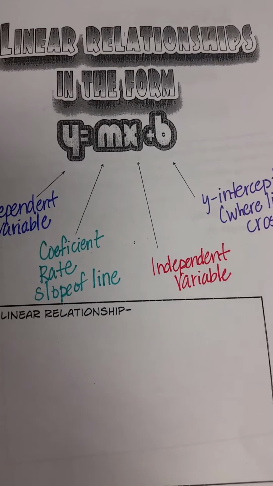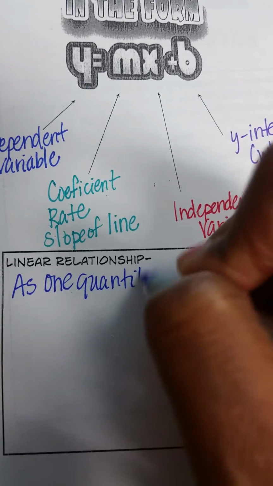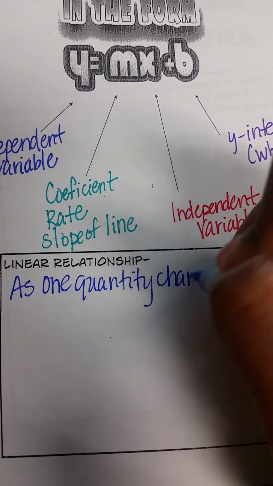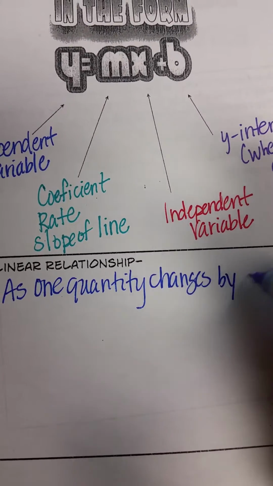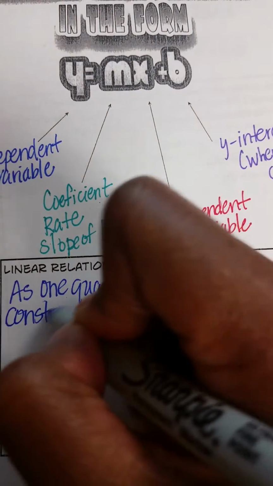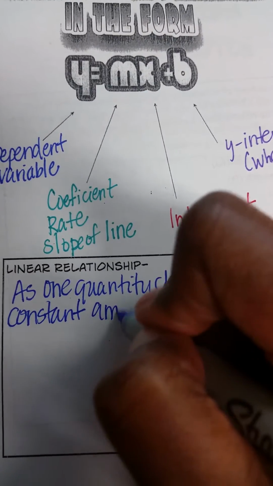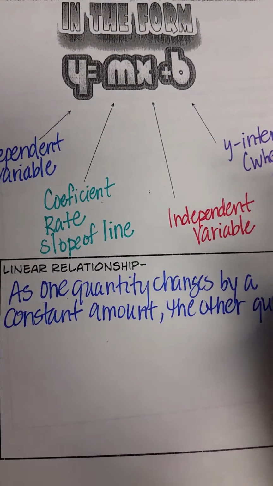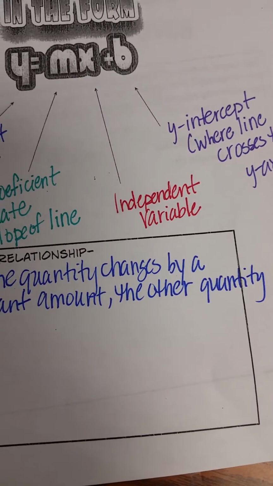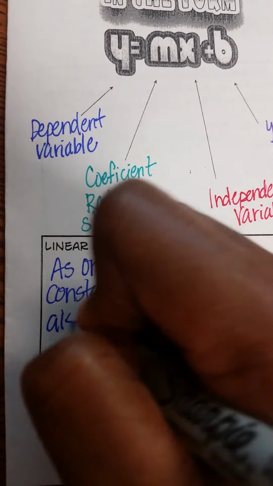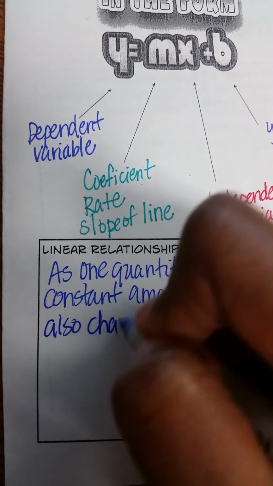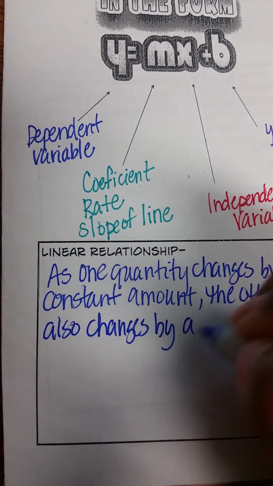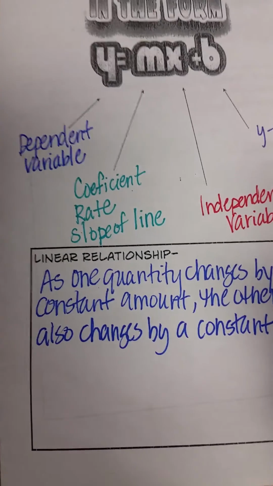A linear relationship means as one quantity changes by a constant amount, the other quantity also changes by a constant amount.